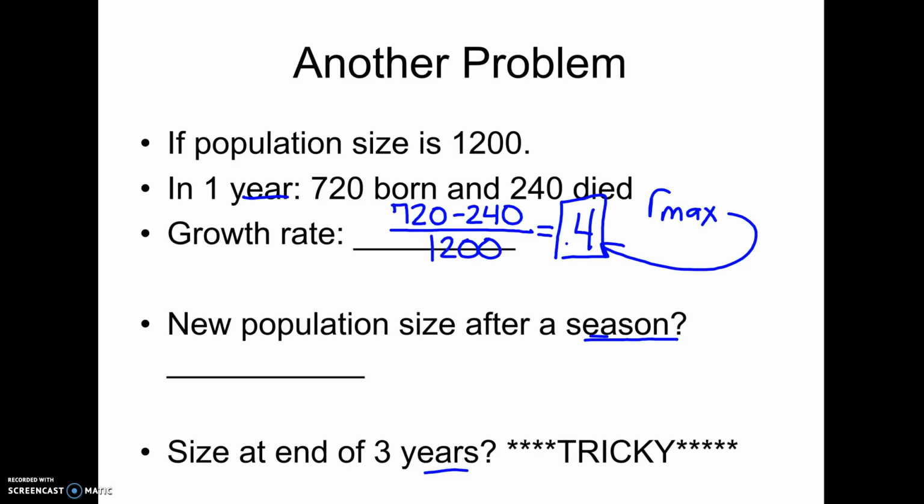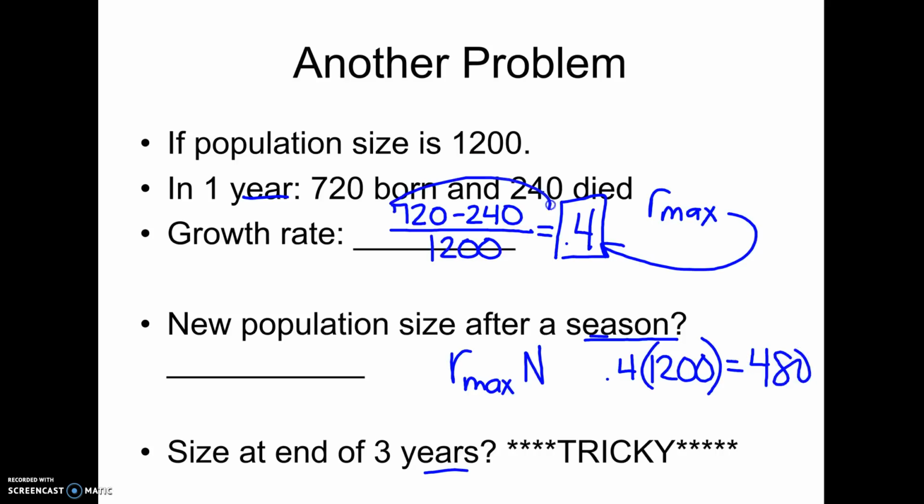But if we didn't already know the actual births and deaths, and we were just going to use our formula, R max times N, then you would literally do 0.4 times my original population size of 1,200, and that's going to give you 480, which again, technically is the answer here if you just subtract.